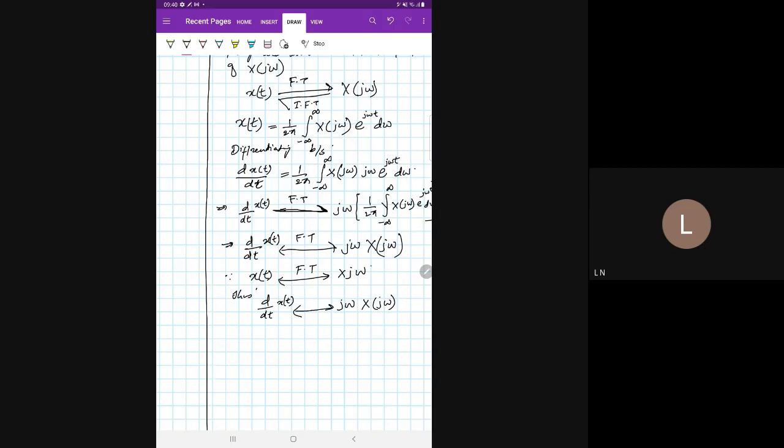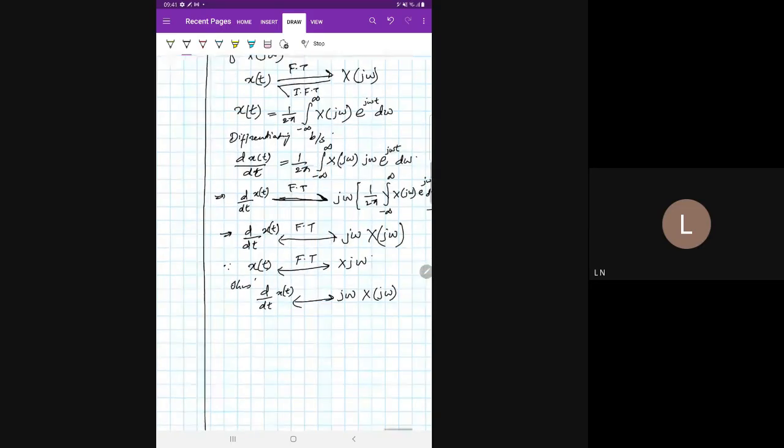So this is the general form. If we take the differentiation of a signal, then its Fourier transform will be j omega times the Fourier transform of the signal which is obtained without differentiation.